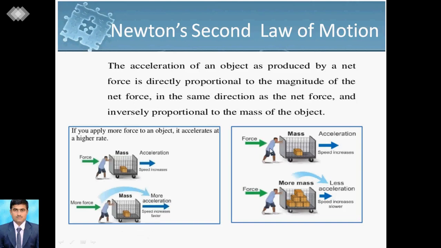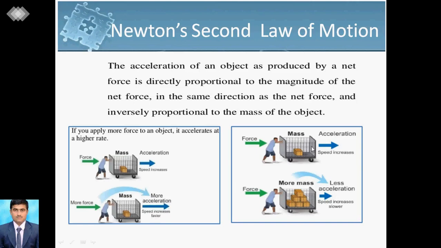But here we are applying the force on two carts. Here the mass is less, so the speed up will be maximized, that means the acceleration will be maximized. When the force is applied on this cart, what will happen? More force is required because here the mass is more.